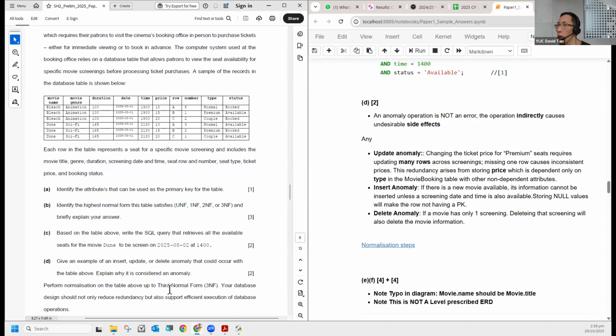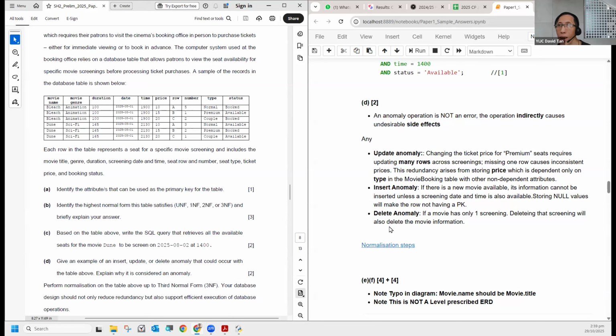So those are duplicates. Now, the reason why there are so many anomalies is because the table is not normalized. That's why there is redundancy. That's why there are duplicates. It is not only about 1NF.